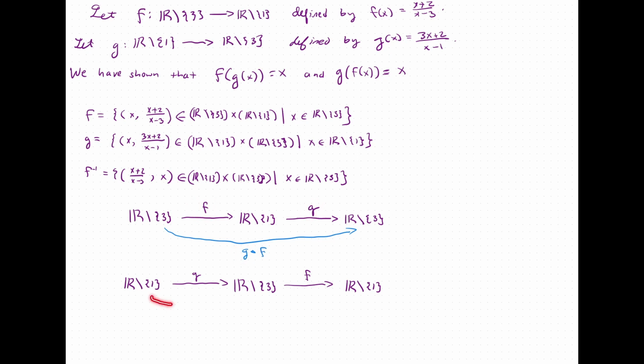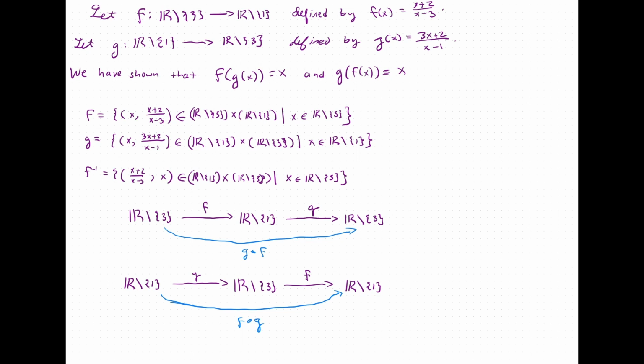And then similarly, when we look at the bottom portion, we have real numbers minus 1, domain of g. So we go via g to the real numbers minus 3. And then we have f as a function whose domain is real numbers minus 3, outputs real numbers minus 1. So that gives us, on the bottom, this arrow now going from real numbers minus 1 to real numbers minus 1, where now we do f composed g. And so that's the composition.